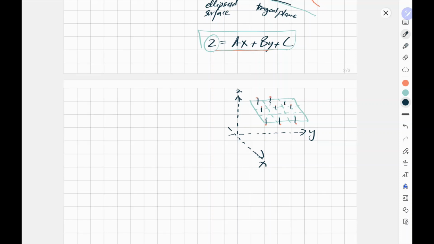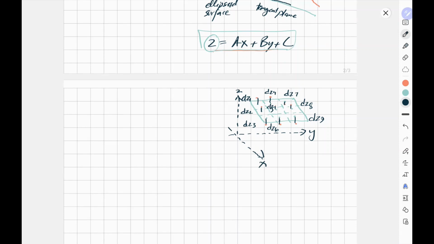Some are positive, some are negative, so they are known as delta z1, delta z2, delta z3, delta z4, delta z5, delta z6, delta z7, delta z8, delta z9.